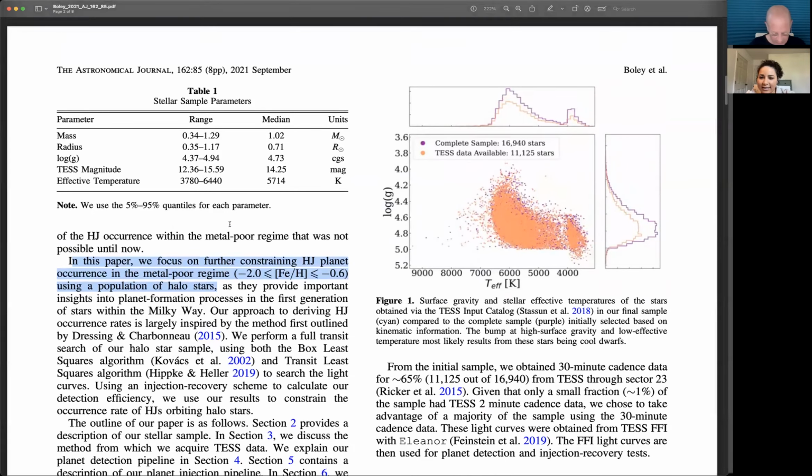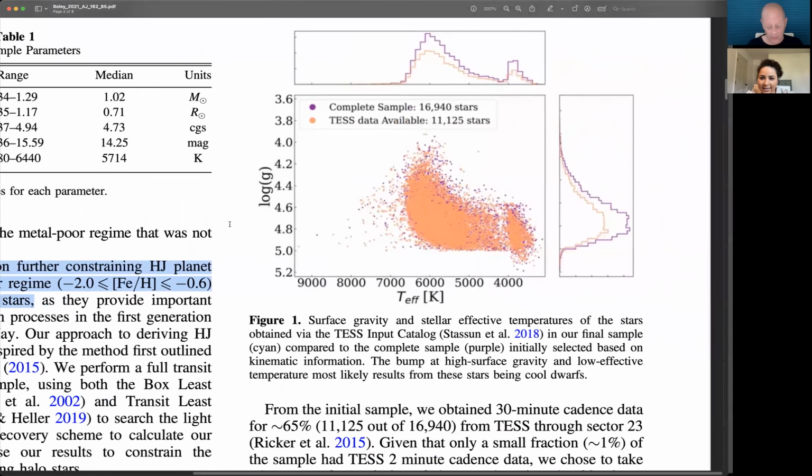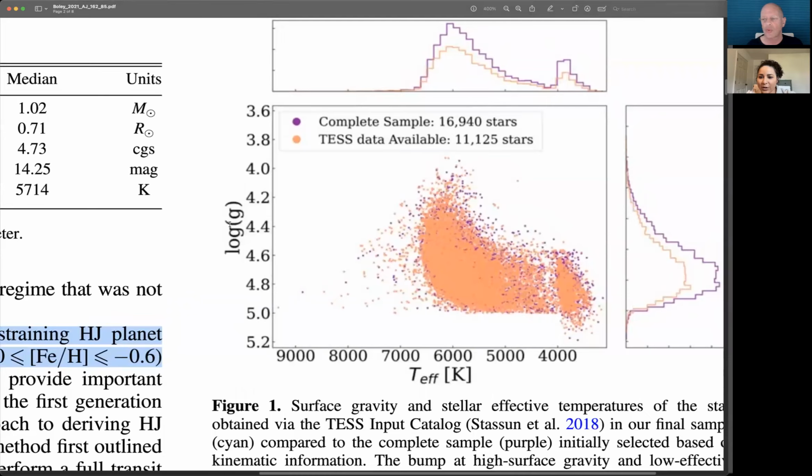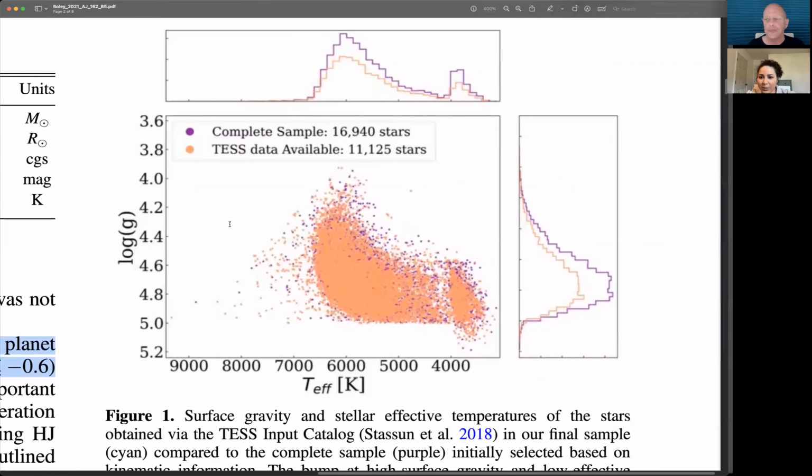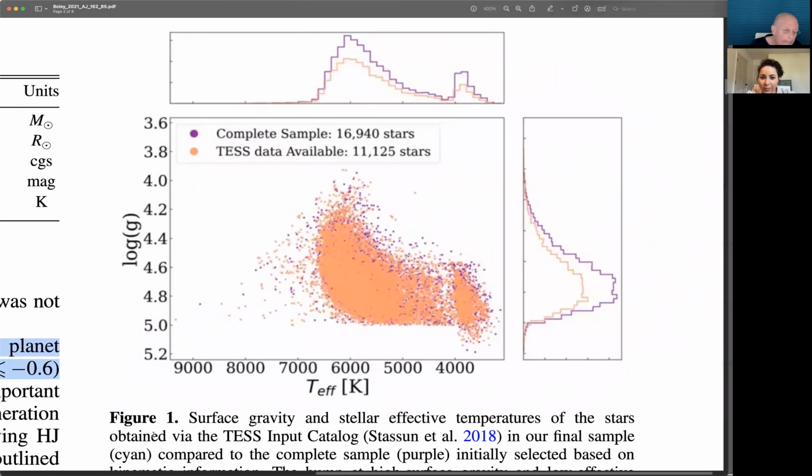If you look at figure 1, surface gravities, effective temperatures, this is what our sample looks like. In purple, you'll see the complete sample of 16,000 stars. We weren't able to get all the stars in that sample just because we didn't have TESS data for it.